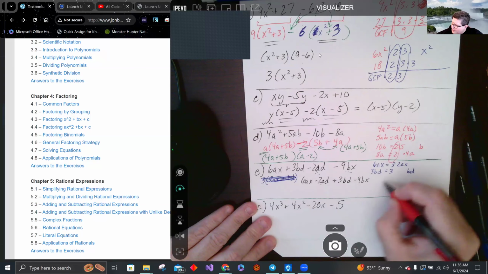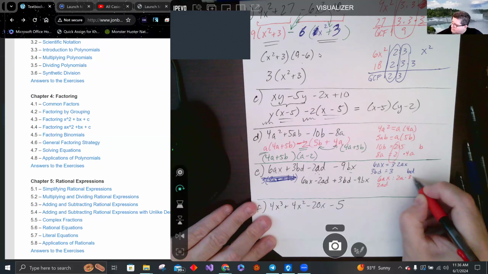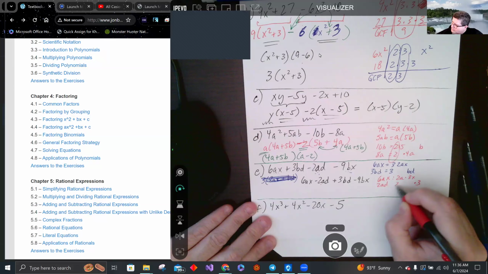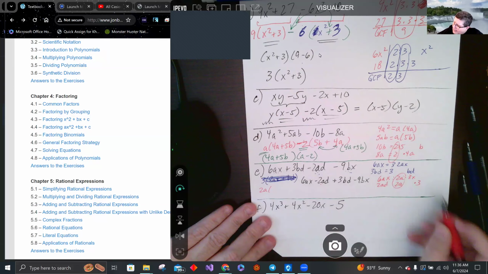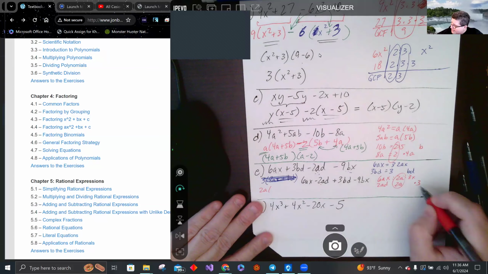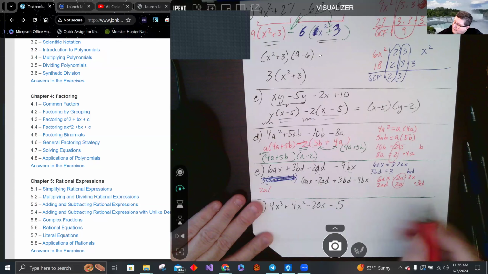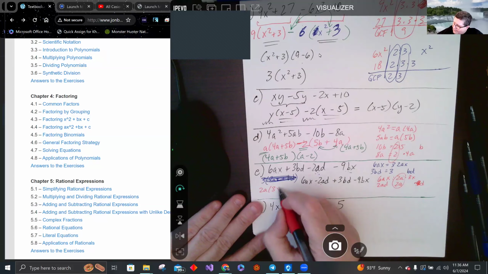It looks like 2a is what's common there. So I'll pull out a 2a, and I have 3x minus d left. Oh, there's a d there. 3x. No, there's no 3 there, though. 3x minus d. There we go.